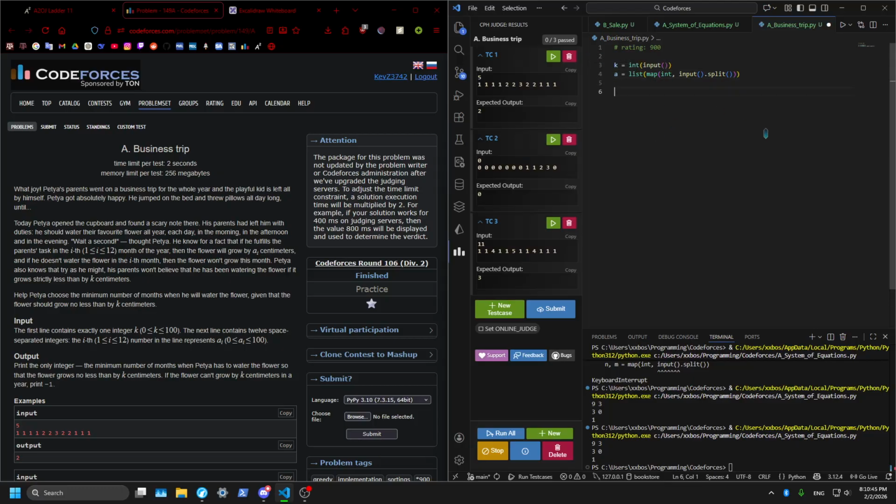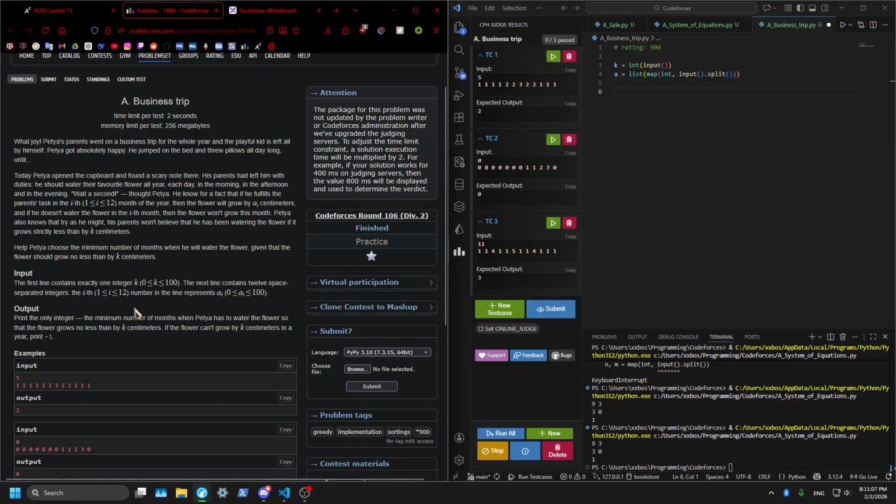Okay. Contains 12 integers. Number in the line represents A_i. If he fulfills the task on the 8th month, the flower will grow this much. Okay. The minimum number of months Petya has to water the flower so that the flower grows.